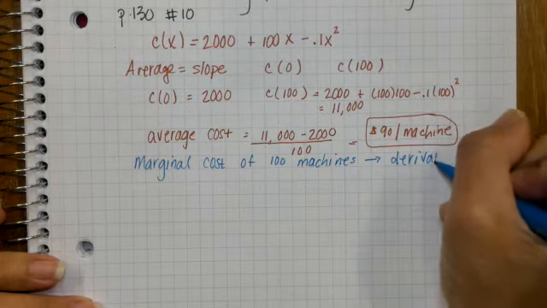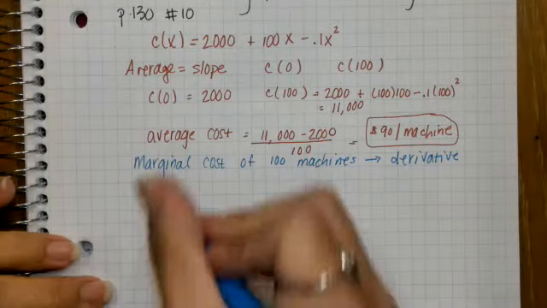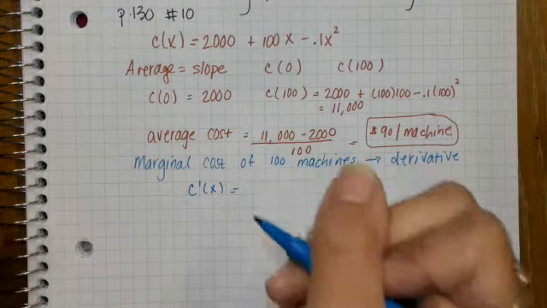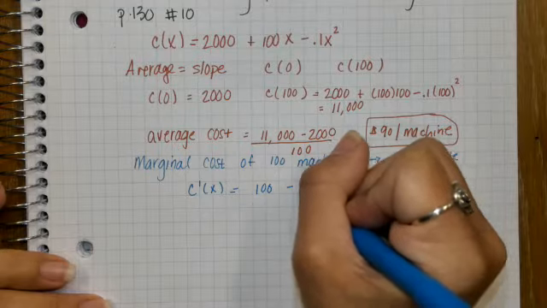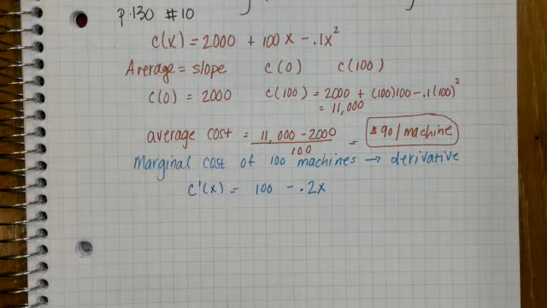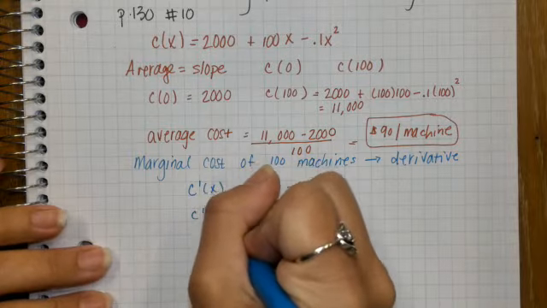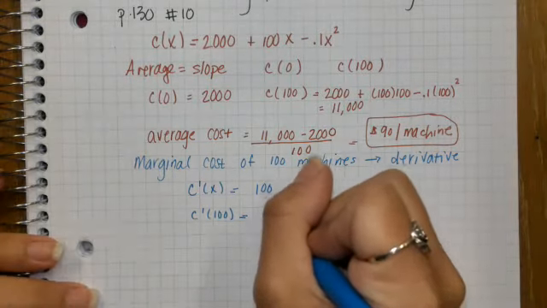By definition, that's what marginal cost means. So that's going to be 100 minus 0.2x. And if I want to know 100 machines, let's plug in 100. And we should get $80 a machine.